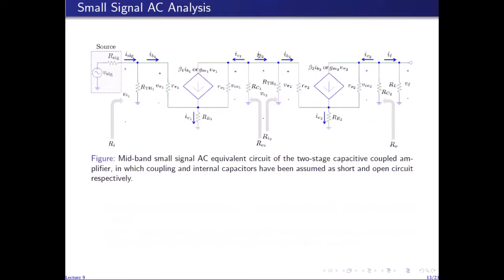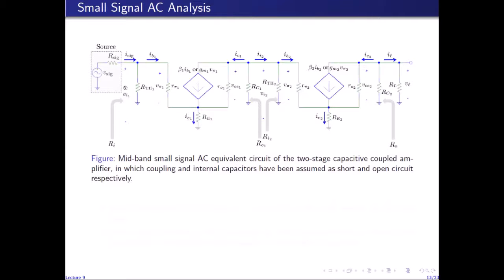So this coupling capacitor between two stages has also been short-circuited, and I have ignored the internal capacitances of the BJT. So this is the overall AC equivalent circuit of the two-stage capacitive coupled amplifier, which is obtained by short-circuiting the two DC sources to ground.